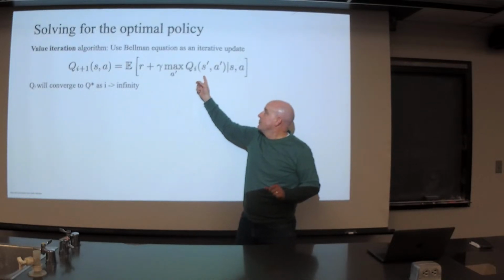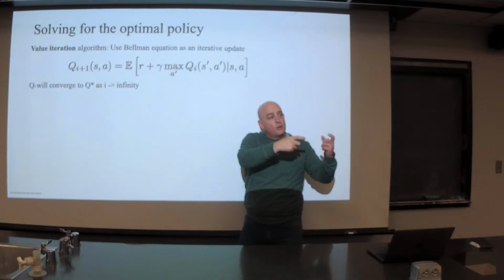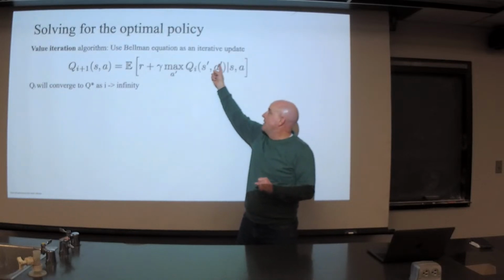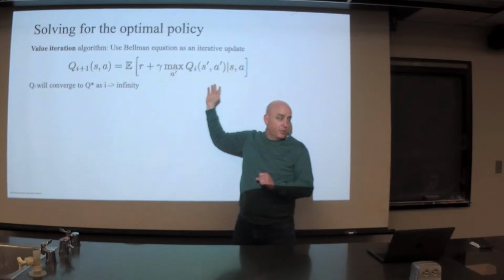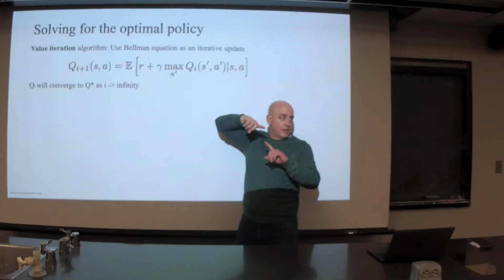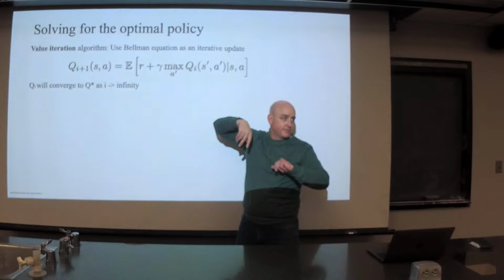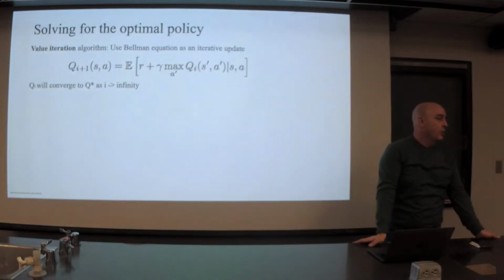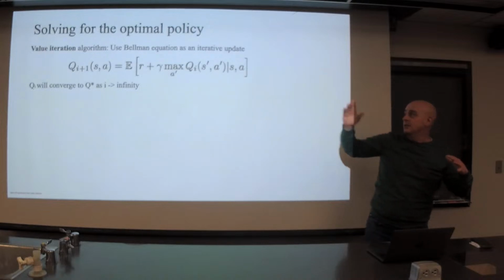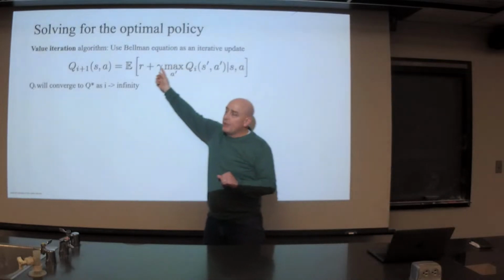So, because we don't know that, we're basically going to have to compute this thing to figure out what the max is. We're going to compute it over all of the states and the actions, right? If the state space is huge, or the action space is huge, this will be an impossible thing to compute.